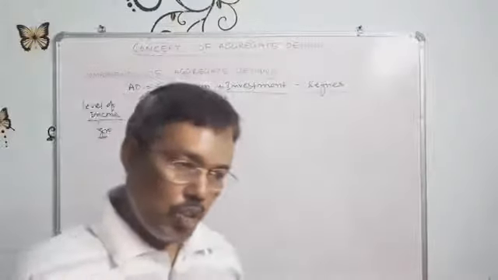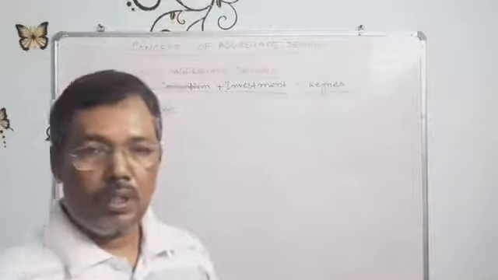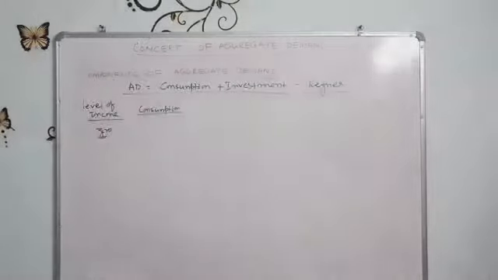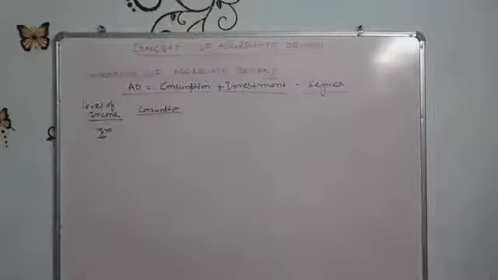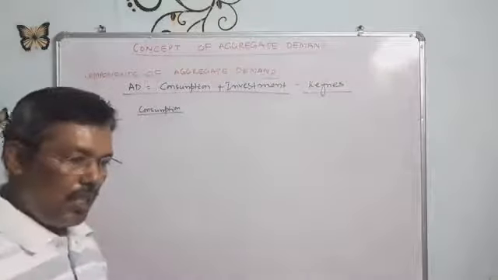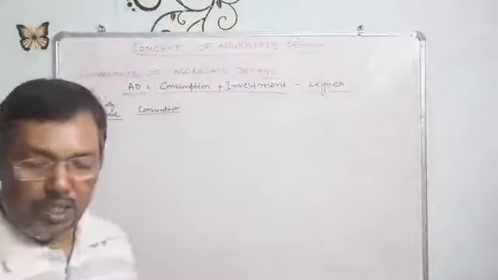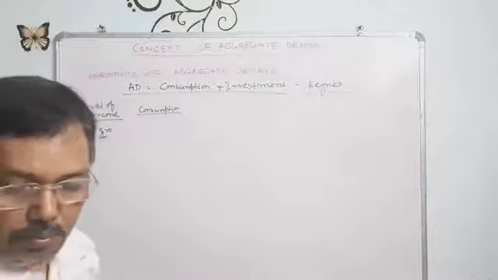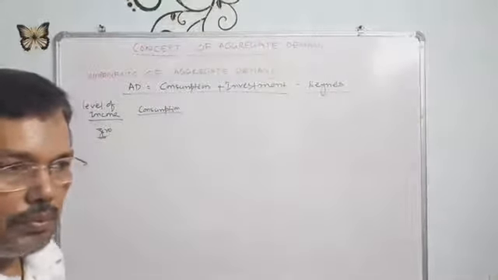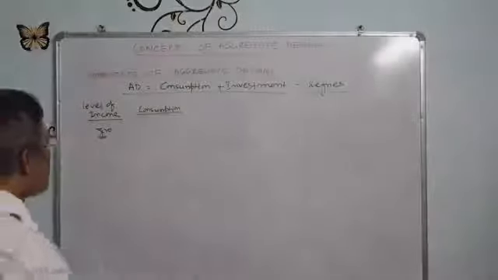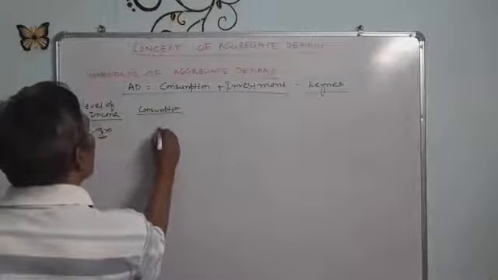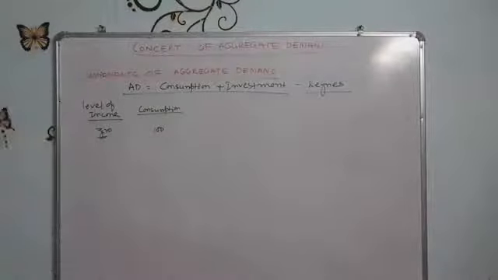You have to survive, you have to consume some goods. So it is clear that if income is zero, you must consume something. Let your consumption be 100 rupees or 100 crores of rupees for the country's level of income.